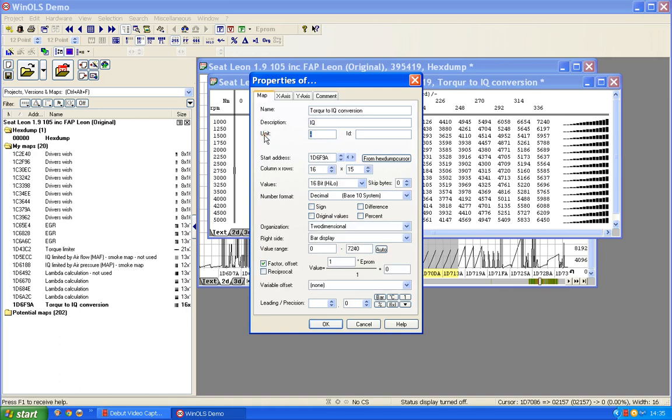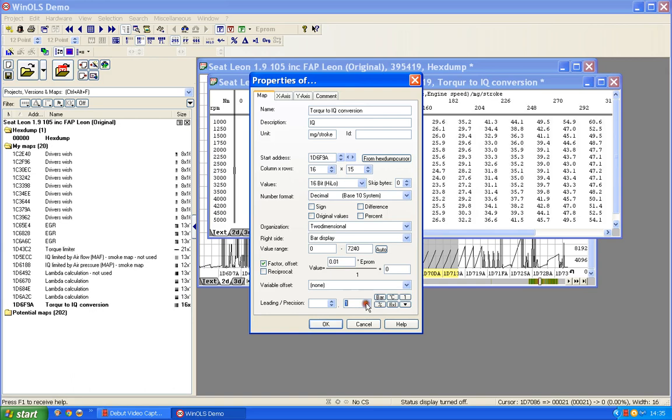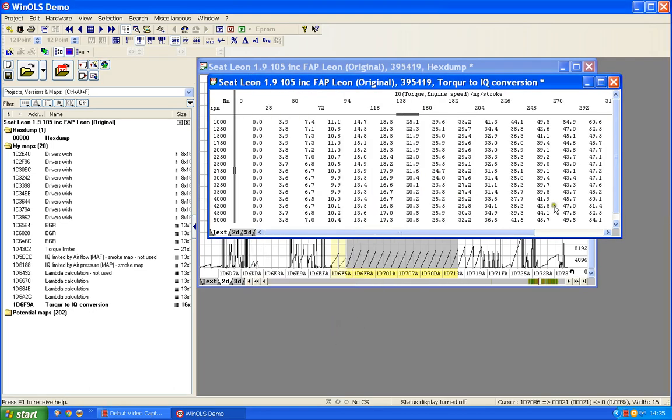I'm just using IQ. I'm assuming that what we'll get is a figure in milligrams per stroke, and for that we normally use 0.01, which would seem a reasonable guess, and I'll go for one place after the decimal point. That's usually good enough for this sort of thing, so I'll say OK.